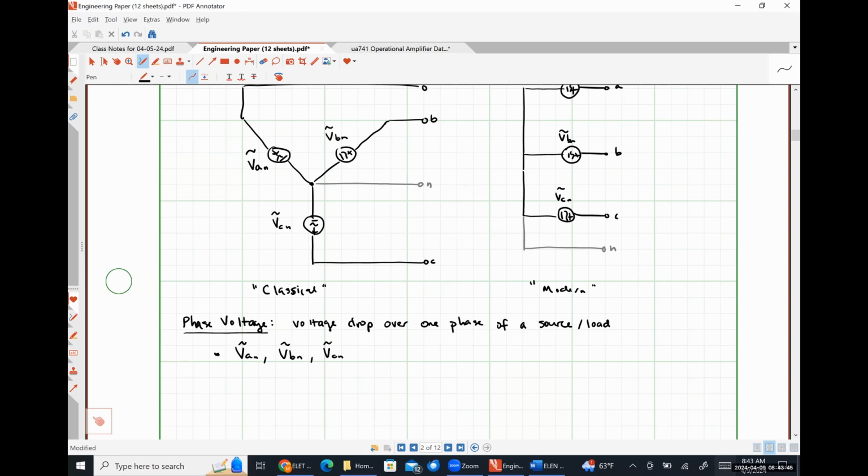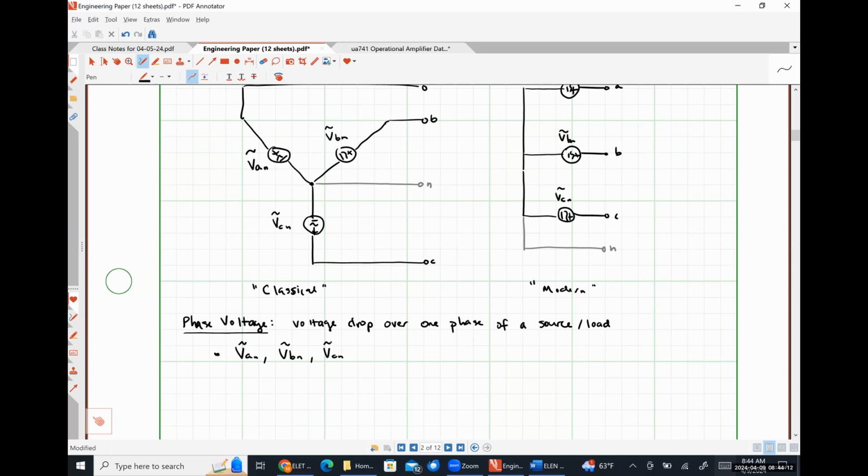Now, you may occasionally, in practice, hear these voltages, VAN, VBN, and VCN, also referred to as line to neutral voltages or phase to neutral voltages. I'm not going to use that terminology because there are certain configurations that literally won't have that.